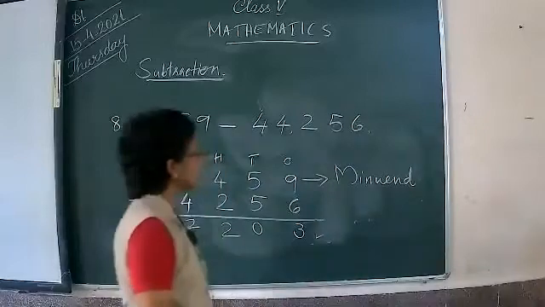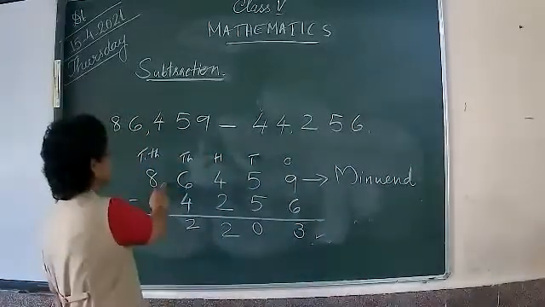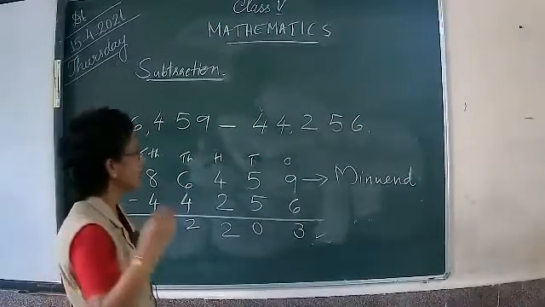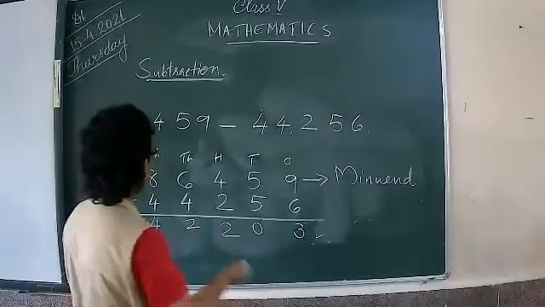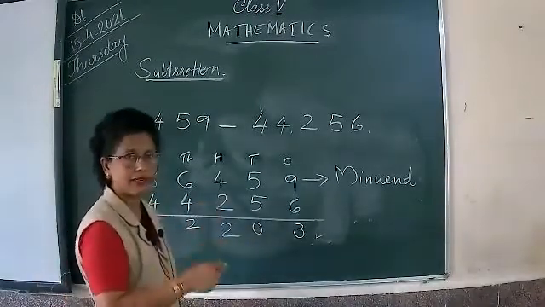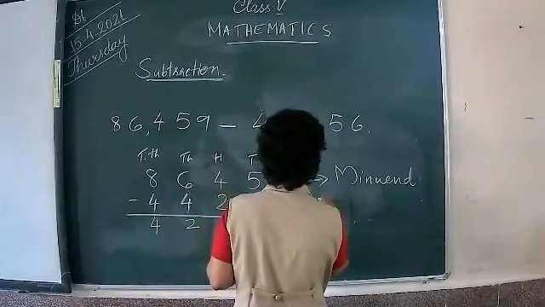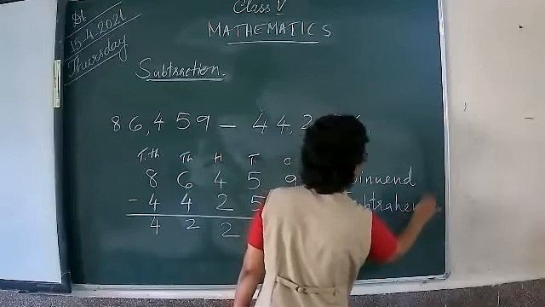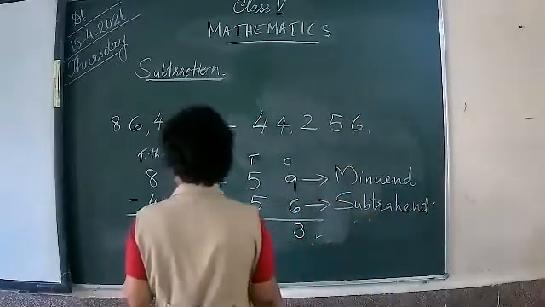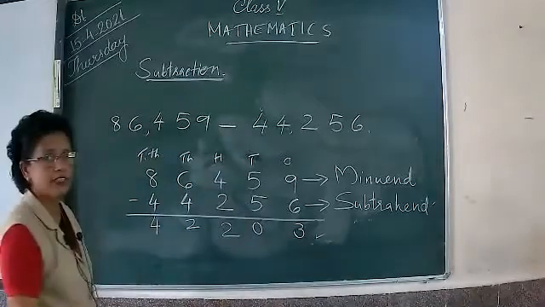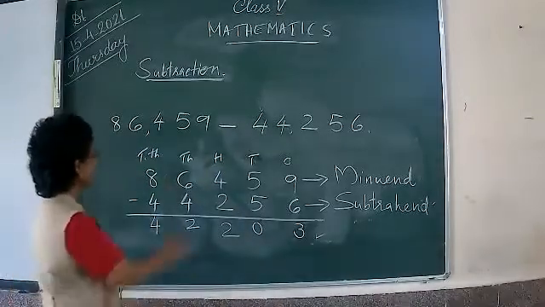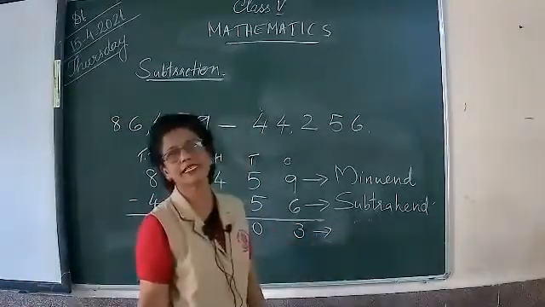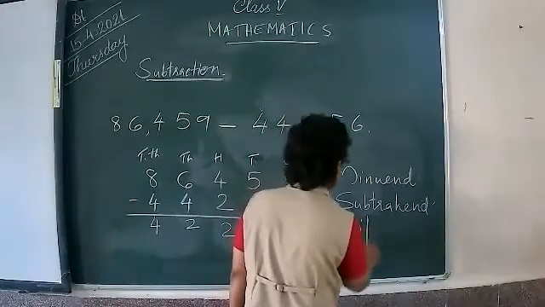And the number that we subtract, that is the smaller number, that is subtrahend. Understood? What is that called? Subtrahend. And when you subtract, the answer, the result of subtraction, that is difference.